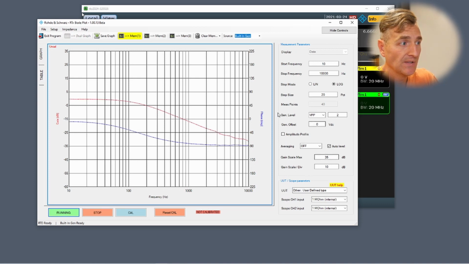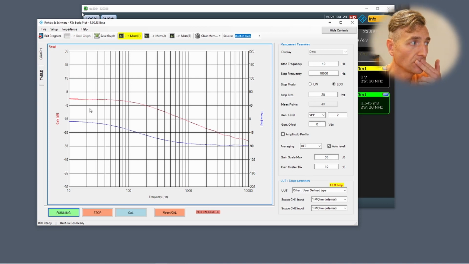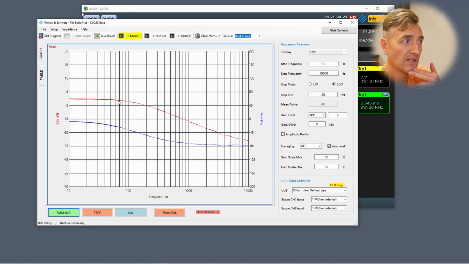We will continue. All right, so that's good. It's sitting around 0 because I have the circuit set to unity gain. No gain. And it follows. This is my frustration.